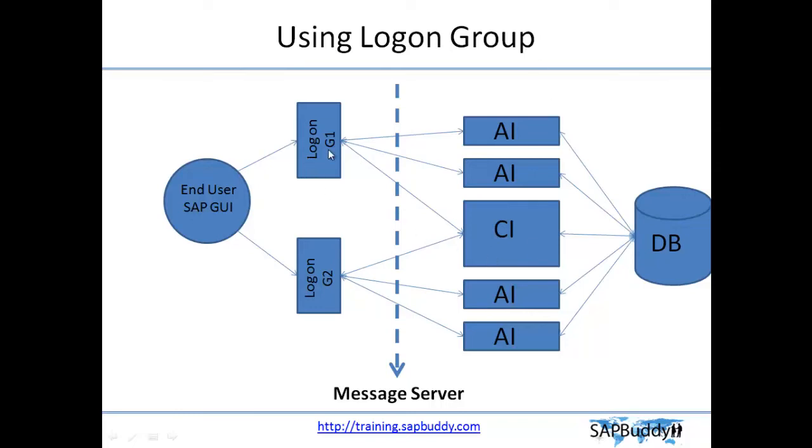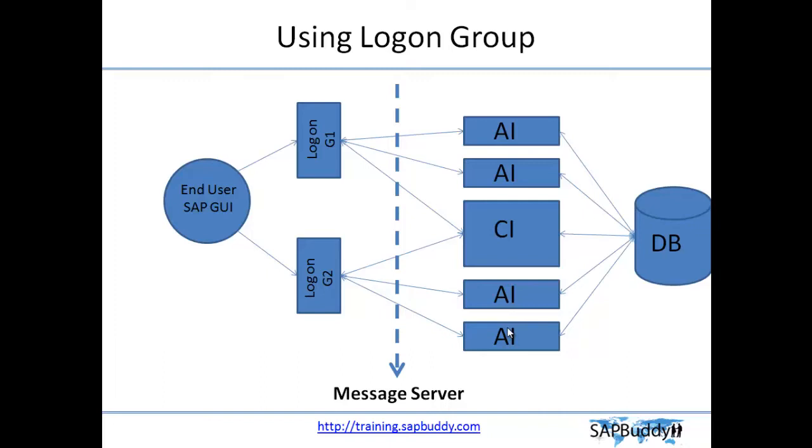So if at a particular time when the RFC calls come in, the work processes in both application instances are already occupied, then the RFC calls will wait for some time till they get free. So it's not going to affect other application instances, and other users will not be interrupted during this process. This is one way to do it.